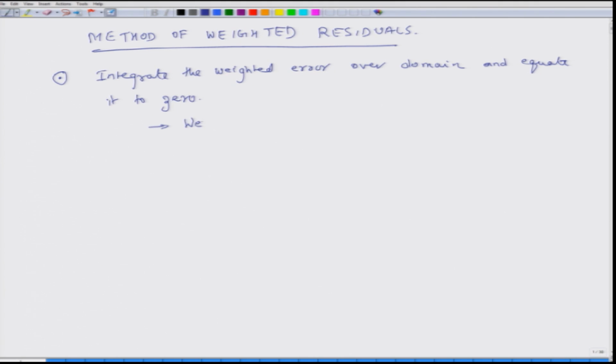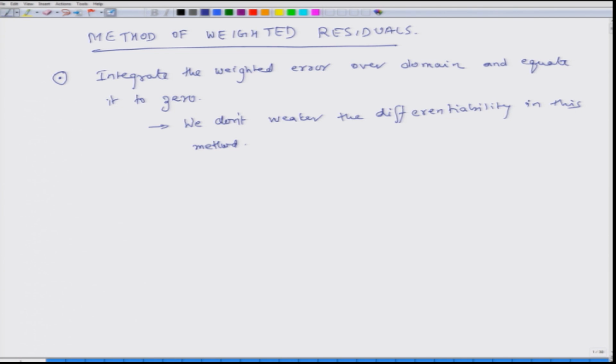We do not weaken the differentiability in this method. So, this is one very important difference.